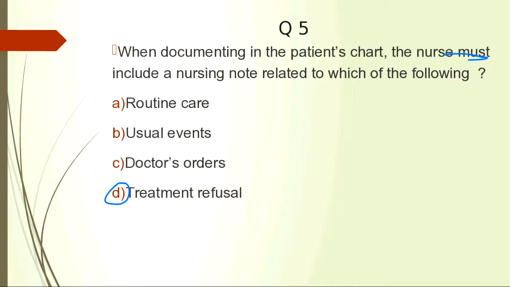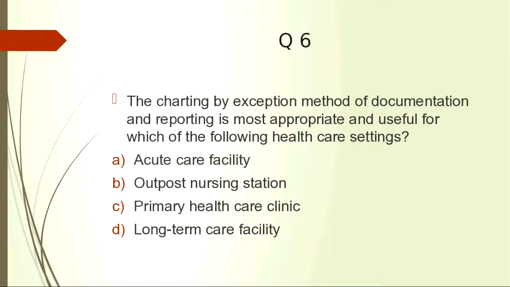Okay. The sorting by exception method of documentation and reporting is most appropriate and useful for which of the following healthcare settings: acute care facility, outpost nursing station, primary healthcare clinic, long-term care facility. So the answer here is long-term care facility.